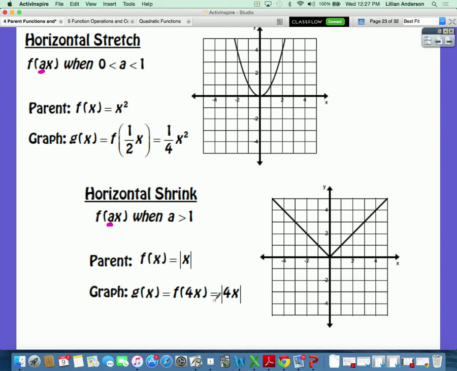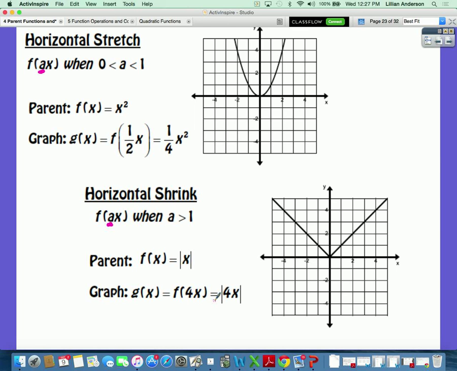So when I stretch horizontally, vertically, I'm making it wider. But when I shrink horizontally, vertically, I'm making it narrower, aren't I? Okay? And so to figure this out graphically, you wouldn't be able to tell if it's a vertical stretch or shrink. You would actually have to look at the function to determine that. Okay, so keep that in mind. All right? But you can still figure out the points here.